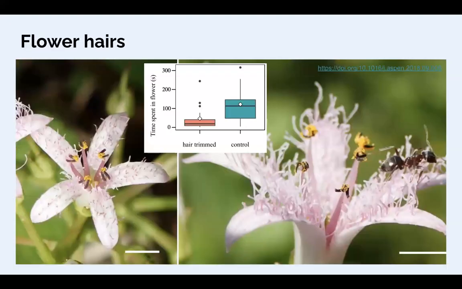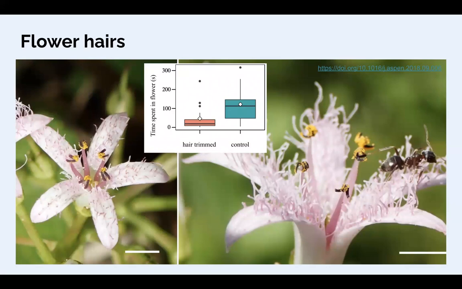This one caught my attention because this was the group that I've studied a lot as my research. A plant called the bog bean, Menyanthes, has flowers with hairs on the flowers. And there have been some hypotheses about why they're there. Could be to keep water out of the flowers. This is an aquatic plant. And then this study actually found that the hairs are useful for keeping animals in the flower for longer.